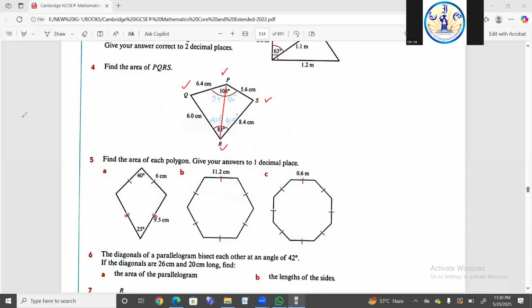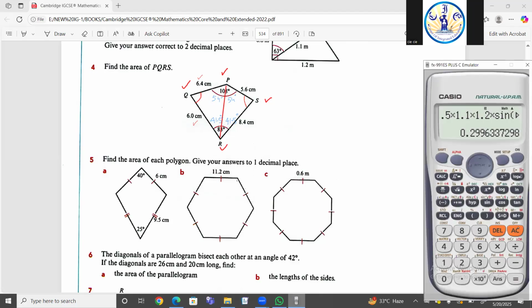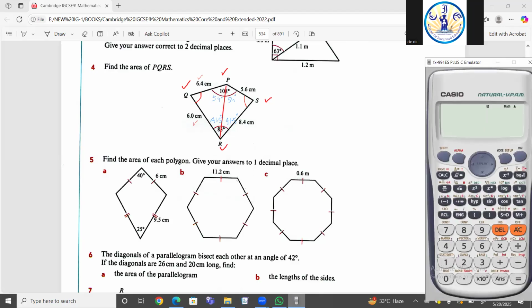Now we need to observe that we are given this pair of sides. So the included angle is this one. So we need to have this angle as well as this angle. We can calculate the angle by 180 minus 54 minus 41.5, that is 84.5.